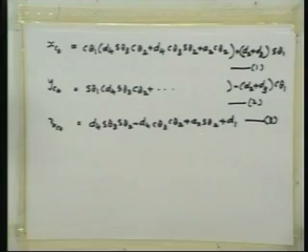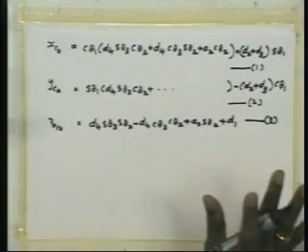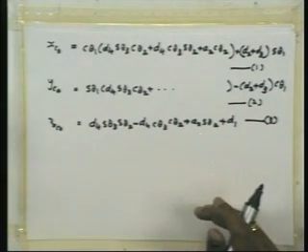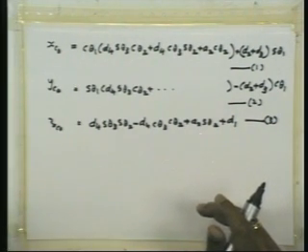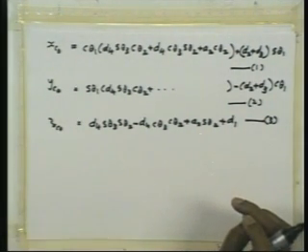Now you can derive theta 1, theta 2 and theta 3 by appropriate manipulations here. I will broadly indicate what the steps are and give you the final expressions. Okay.